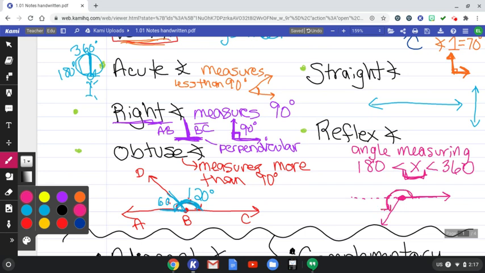So not all the way 360 around, but more than 180 around. So maybe let's say that arc mark is more than 180, but not quite here. 270 would be down here if you're thinking about a clock. Let's say that's 210 degrees. So more than 180. Again, that's a degree symbol.